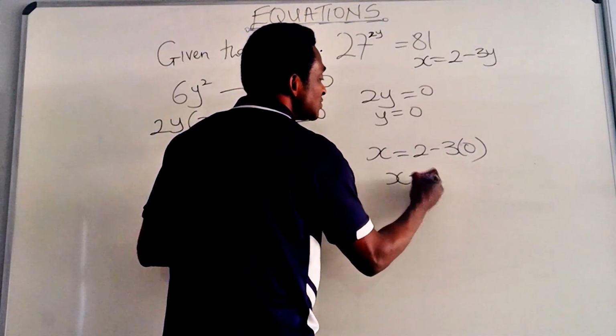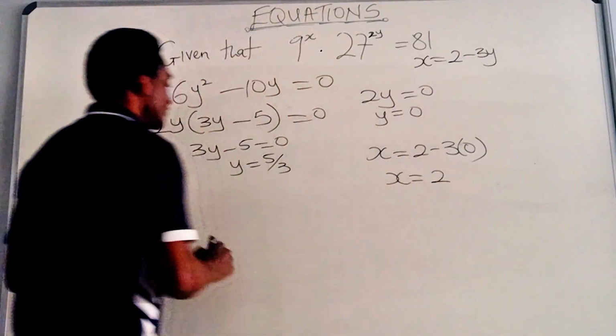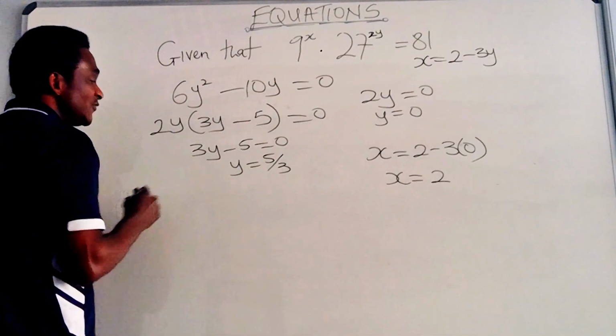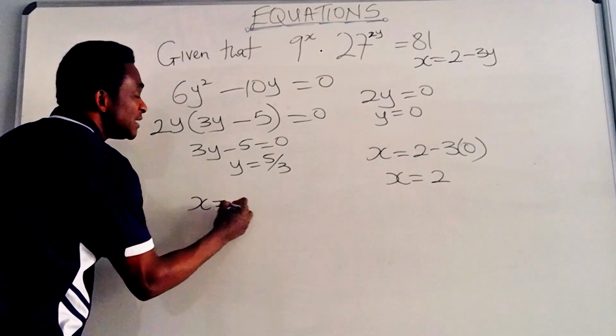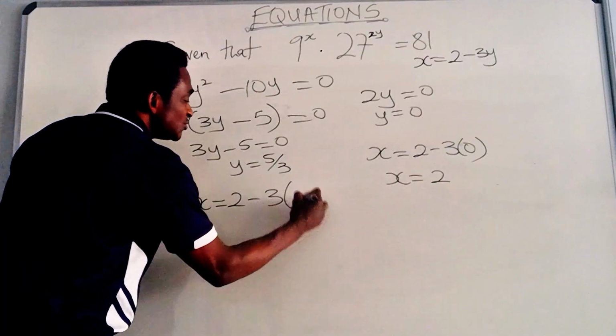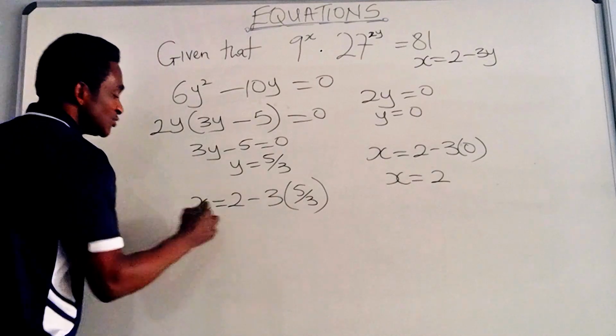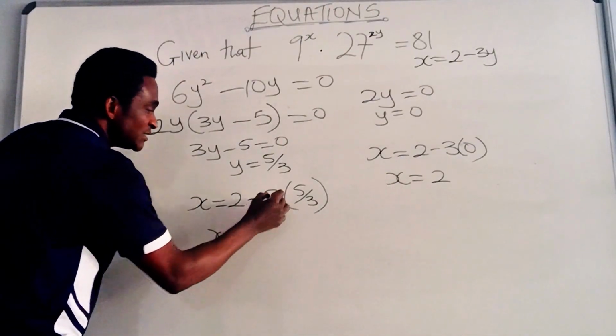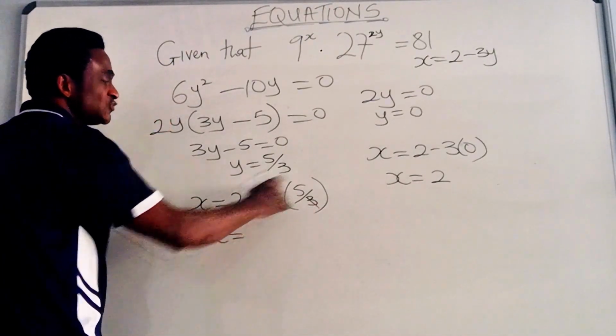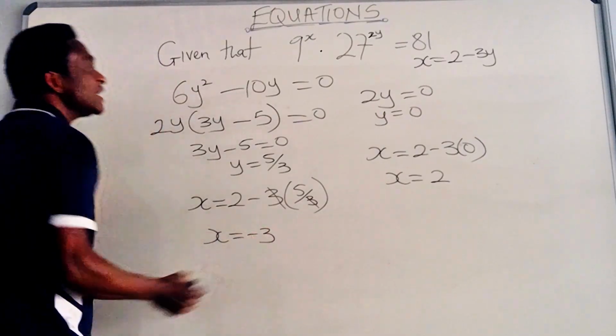So if y equals 0, x will be 2. If y equals 5 over 3, then x will be 2 minus 3 into 5 over 3. So the 3 will cancel out, and you have 2 minus 5, which is negative 3.